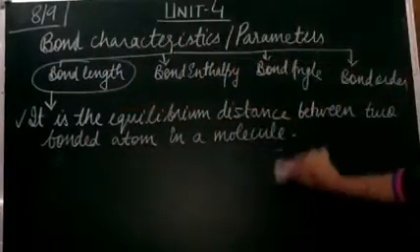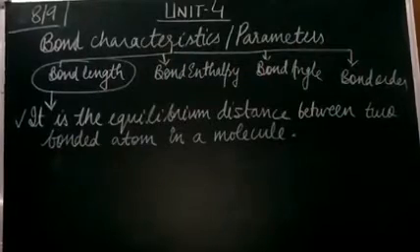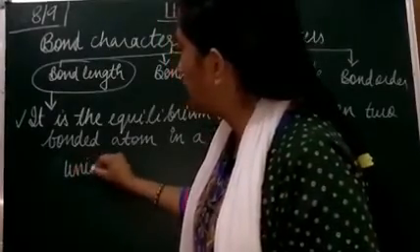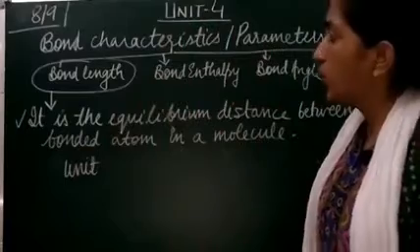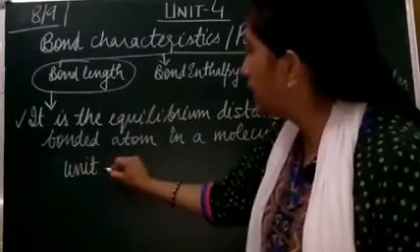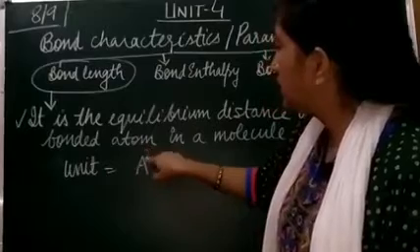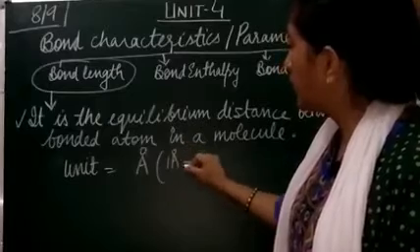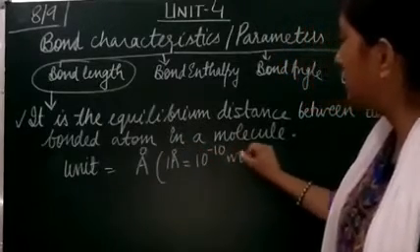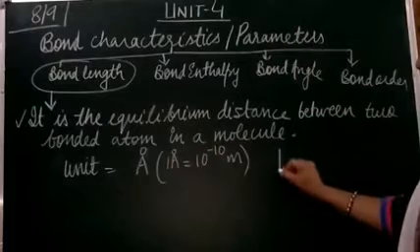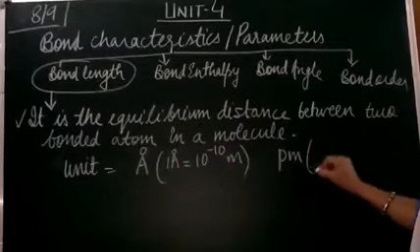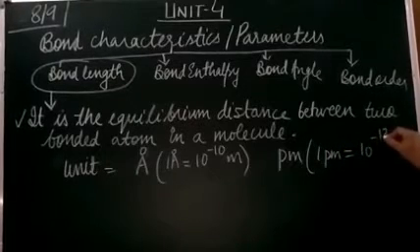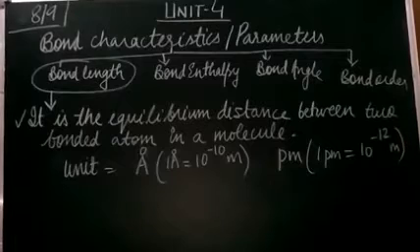So generally, students, the Angstrom is used, right? So the unit of the distance, that is the bond length here, will be either in Angstrom, where 1 Angstrom is equal to 10 to power minus 10 meter, or picometer, that is 1 picometer is equal to 10 to power minus 12 meter, right?